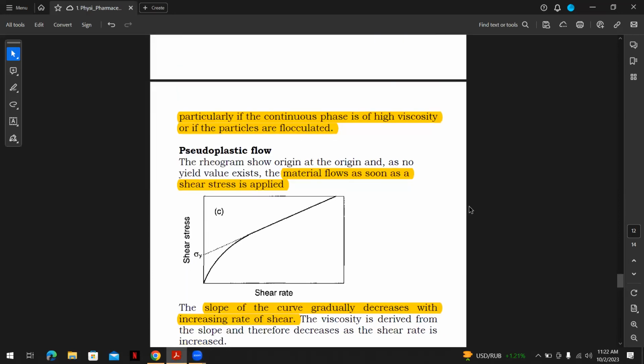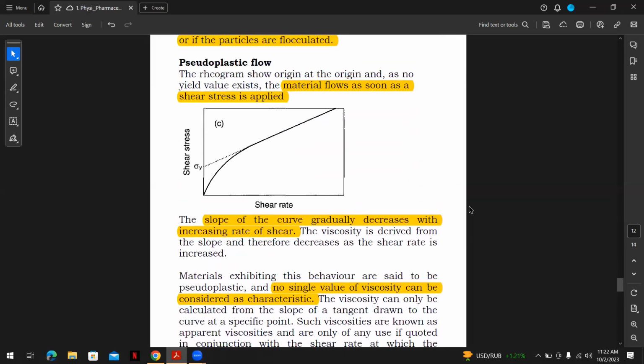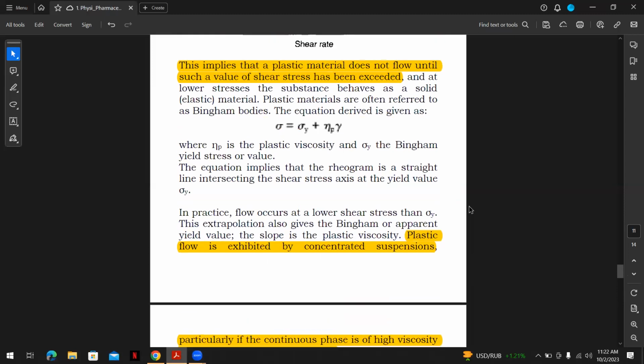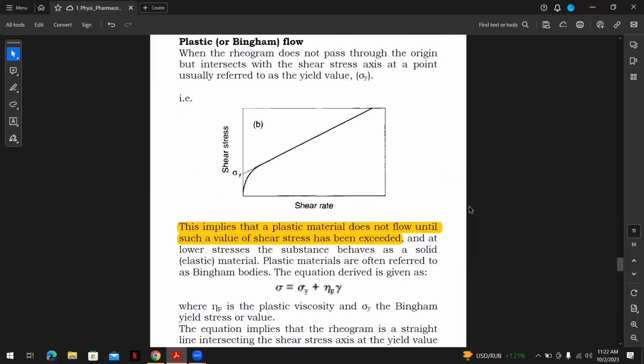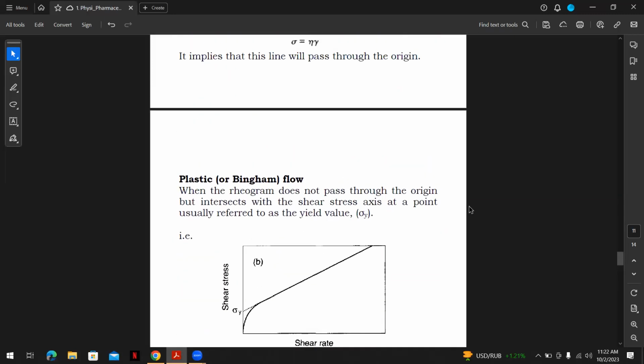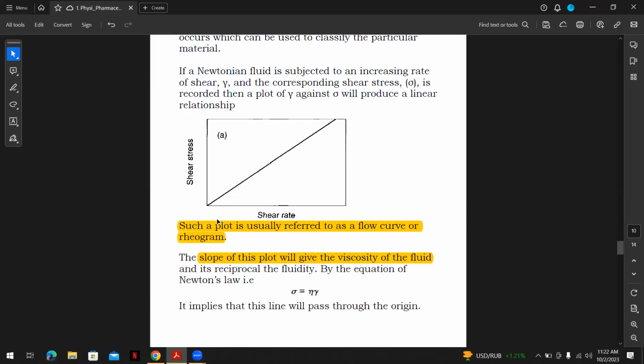So let me just finish pseudoplastic. No, let me just repeat plastic flow. So we said for Newtonian flow, the plot begins at the origin. The moment shear has been applied, flow begins, and they're directly proportional.